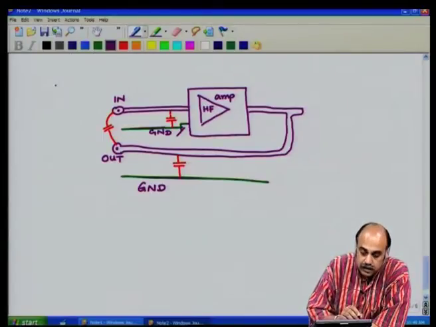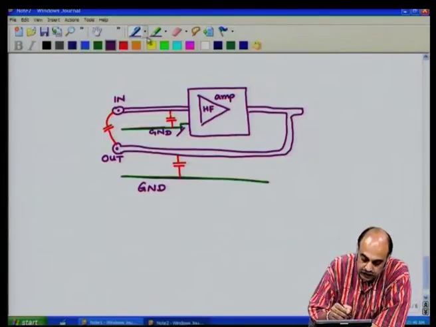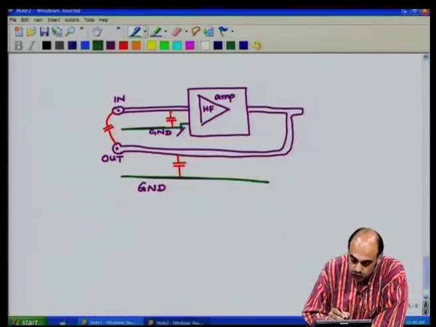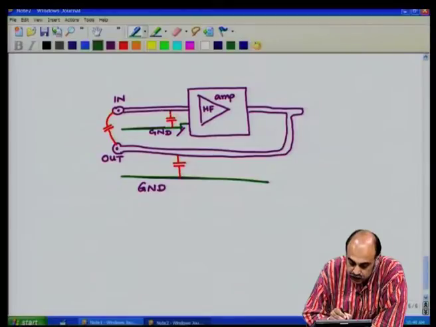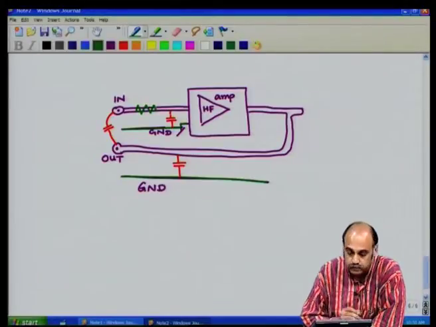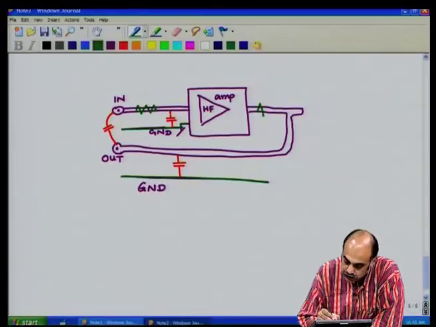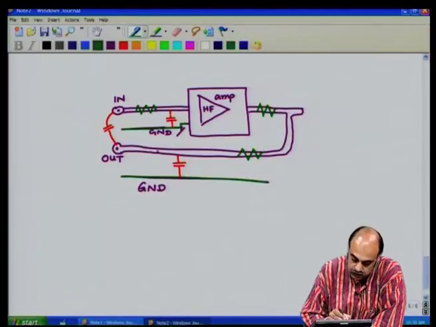Just taking these two, you will see that due to the track resistance, you could have a resistance here, a resistance here and here, and so on.